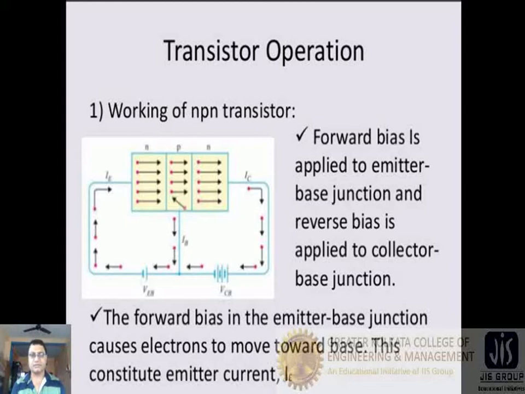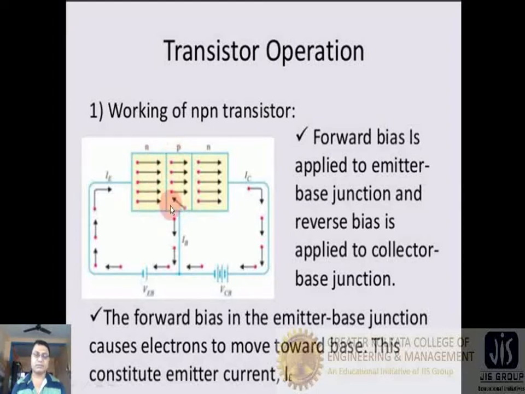First comes the transistor operation. The forward bias is applied to the emitter base junction and the reverse bias is applied to the collector base junction of the transistor. Here you can see an NPN transistor, where this is the emitter, this is the base, and this is the collector. The emitter base junction is forward biased. It is an NPN transistor, that is why the N has electrons as the majority carrier.